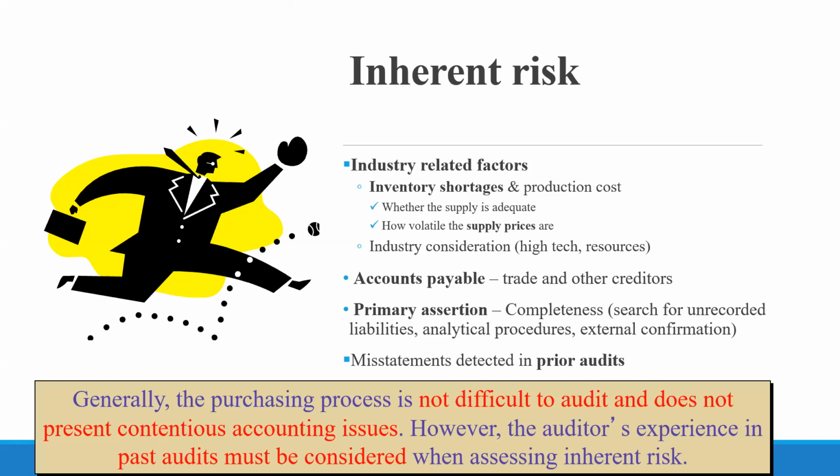The other very typical industry, for example in Queensland, is the tourism industry. What has been different in their inherent risk? For the tourism industry, their sales, their revenue, and also their purchases tend to be very seasonal.